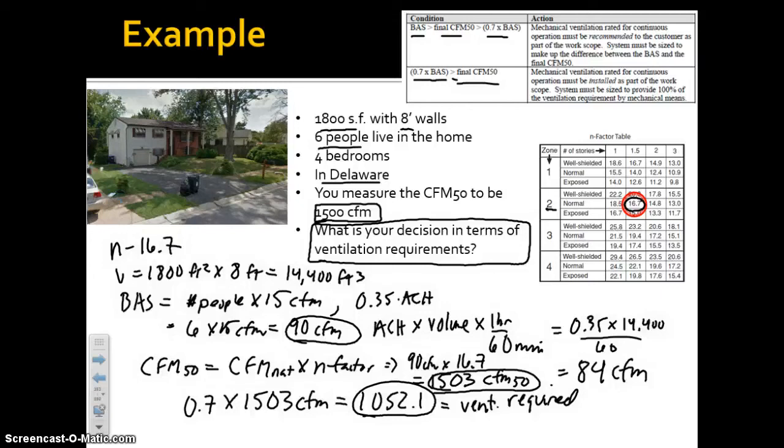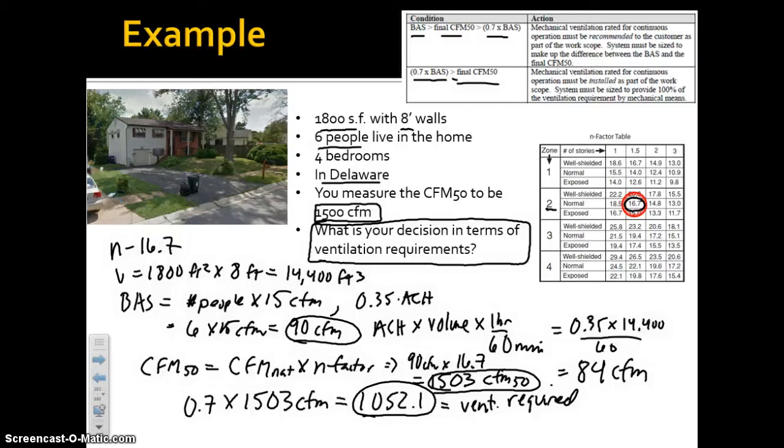In other words, it's too tight. We need to ventilate. Now let's look at our number. What's our number? We have 1500 CFM. So our 1500 CFM is actually almost exactly at the BAS, the 0.35.